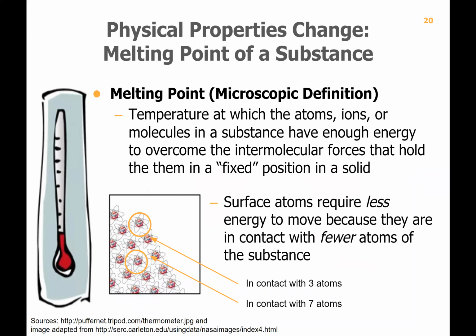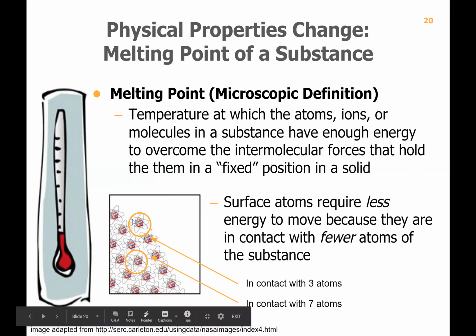Okay. So as I start to talk about physical properties that do change, the melting point of a substance will change at the microscopic scale. Why is that? We talked about the number of atoms on the surface of the particle being pretty high for nanomaterials.